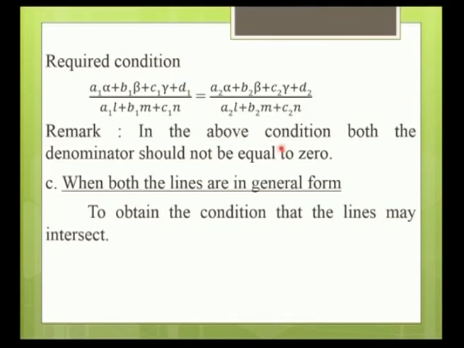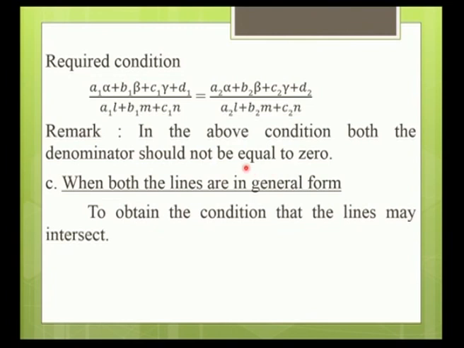From this discussion, a remark arises: in the above condition both the denominators should not be equal to 0. If both the denominators are 0, then we get 0 equal to 0, which is not acceptable.